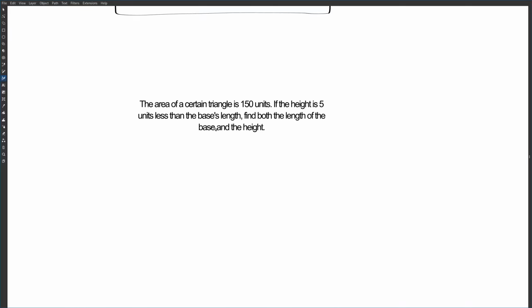The area of a certain triangle is 150 units. If the height is 5 units less than the base's length, find both the length of the base and the height. Okay, so let's write what we know. We know that base times height divided by 2 is going to be equal to area, so that's 150.